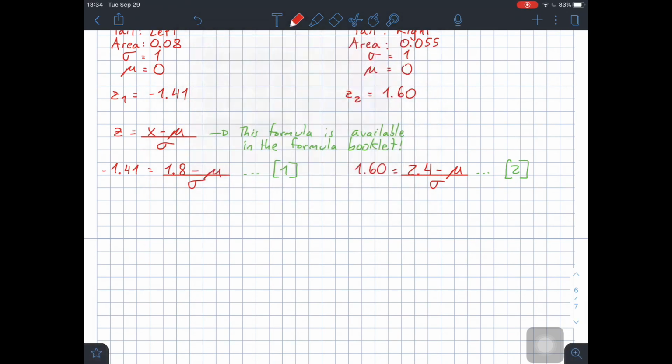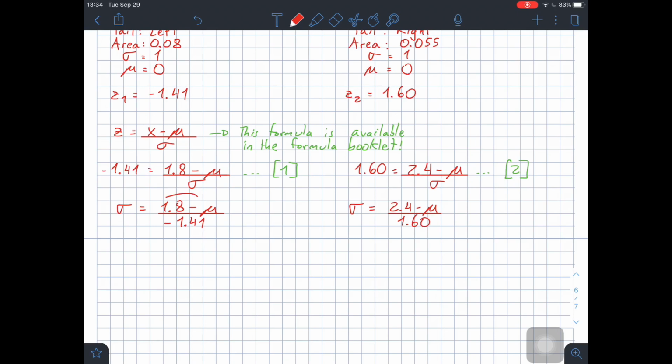The easiest way I see we can solve this is leaving, in both cases, the standard deviation alone. If I rewrite this, I would say that standard deviation is 1.8 minus the mean over negative 1.41. And if I do the same thing here, standard deviation is equal to 2.4 minus the mean over 1.60.